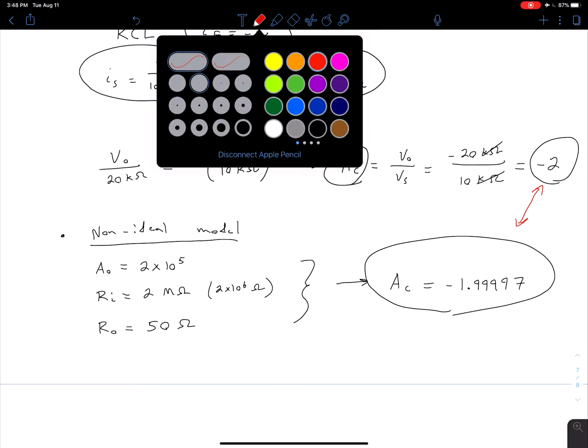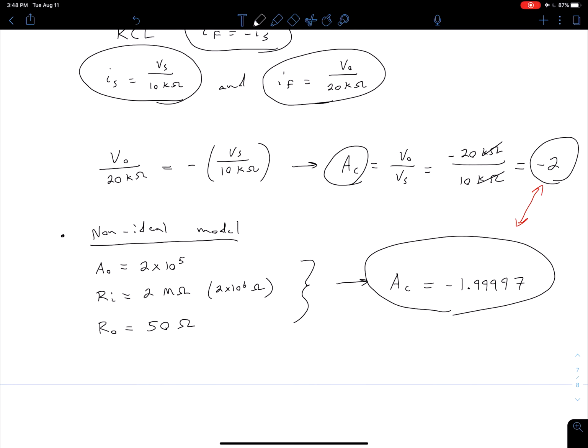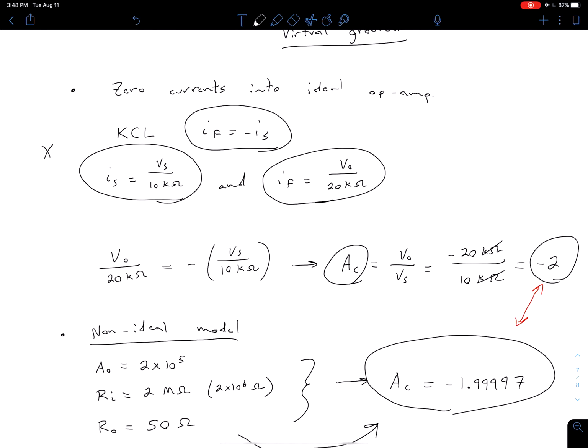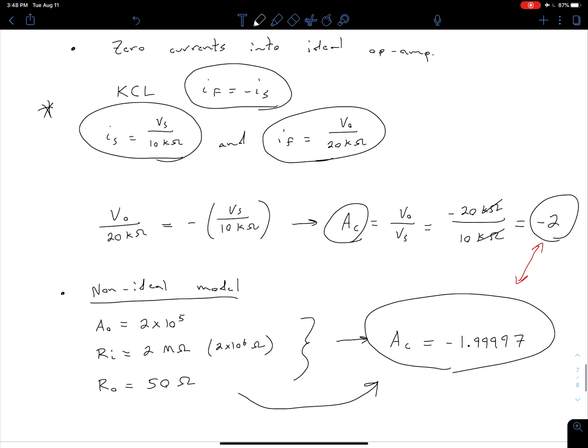So what we say is that using our ideal op-amp is a good approximation, and if we looked at all the calculations involved in going from these three variables to our closed loop gain, it's a lot more complicated than what we had to do up here for our ideal case. So that's the advantage of doing this ideal case, at least as a first pass.